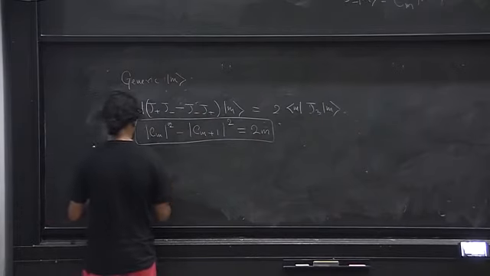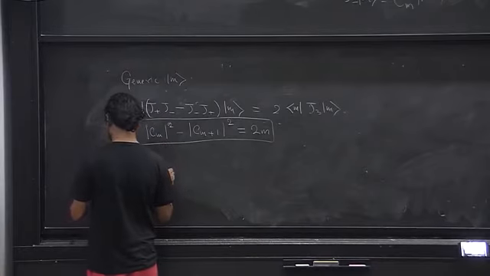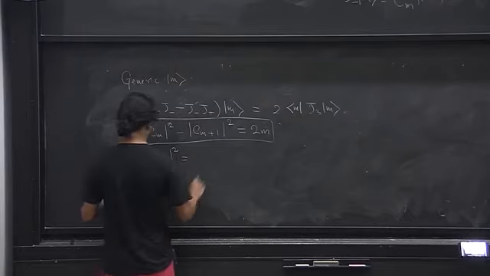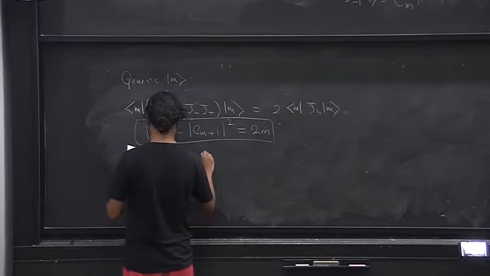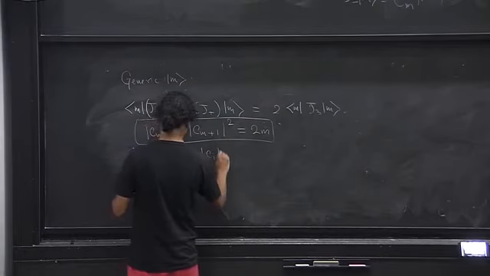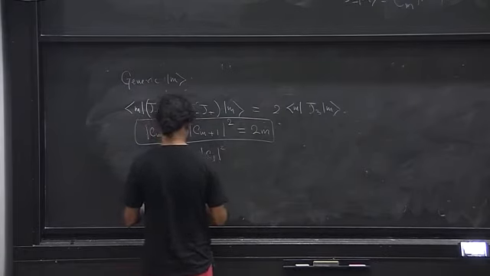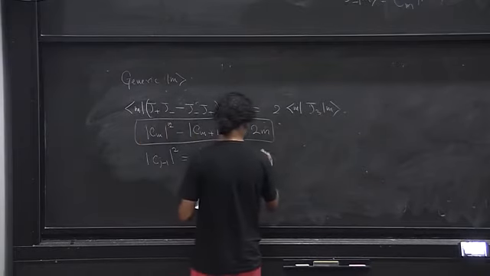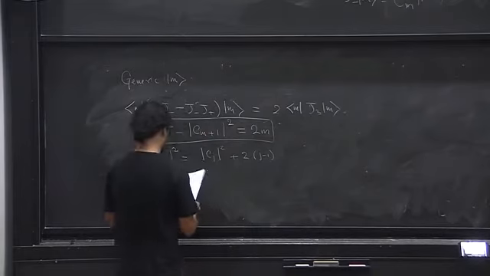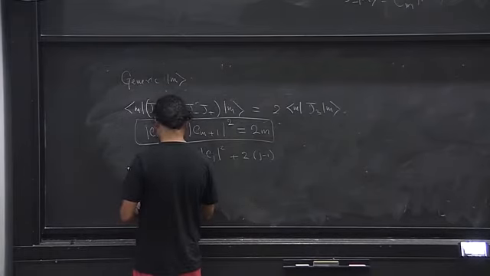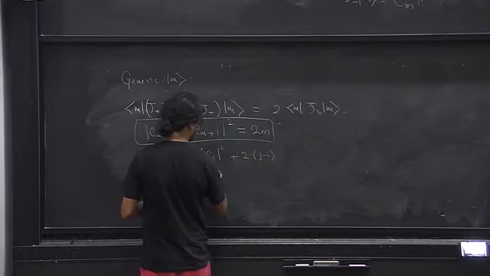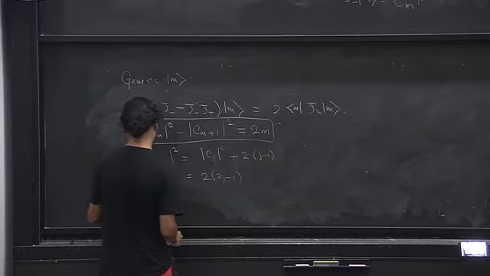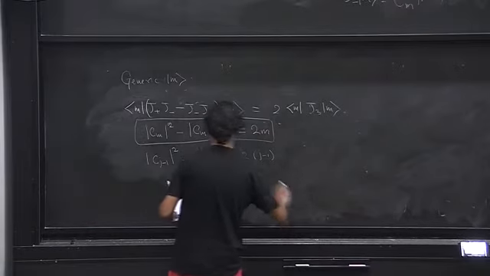So we know what Cj is, so we can use this recursion relationship to find out what Cj minus 1 squared is, and that's going to be Cj squared plus 2m, but m now is j minus 1. If you put in the value of Cj, it becomes 2j minus 1. Let me not skip steps here.